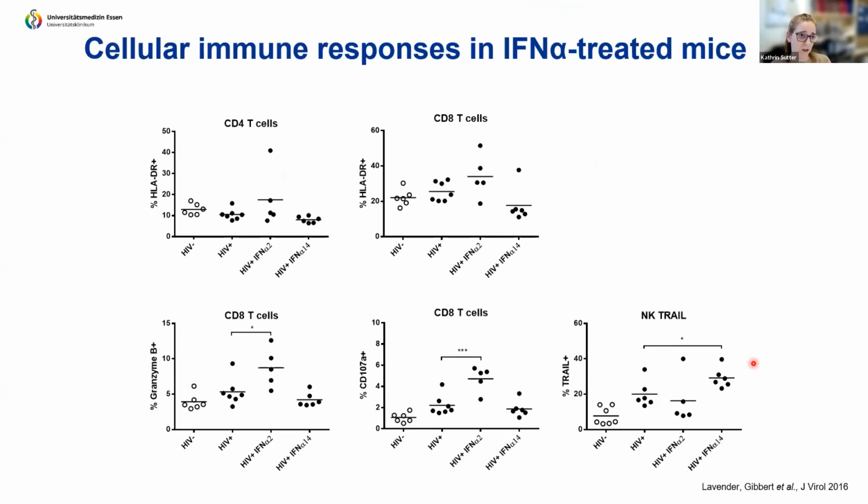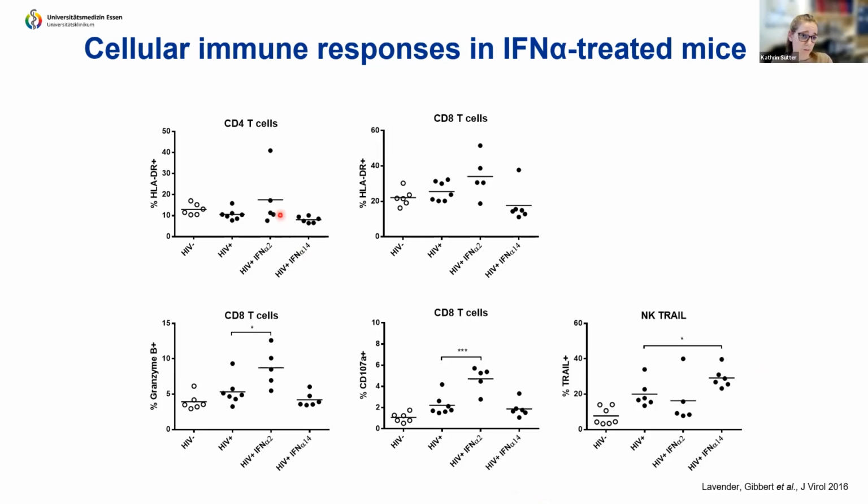But then again, we were interested in the immune responses. And if you think about HIV infection or also hepatitis B virus infection or hepatitis C virus infection, many people are talking about chronic hyperimmune activation. So it's controversially discussed that there are interferons expressed during chronic infection, which induce a chronic hyperinflammation.